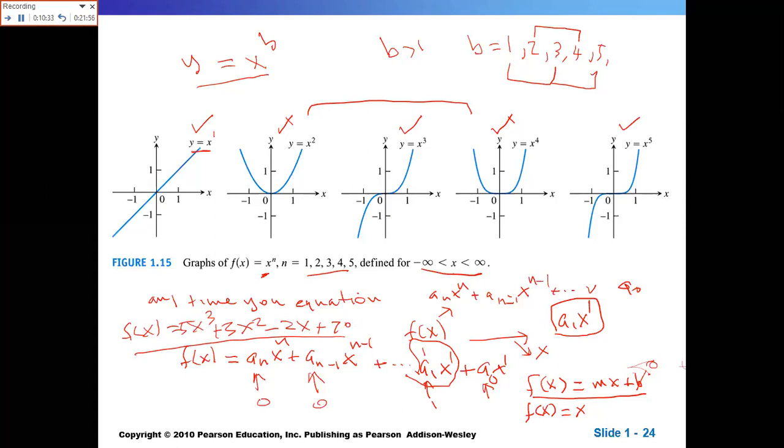You don't. The domain for every polynomial is just negative infinity to positive infinity. Is that clear? Any questions?